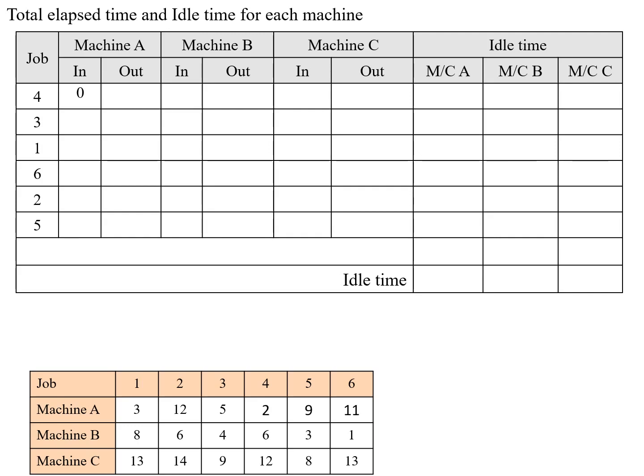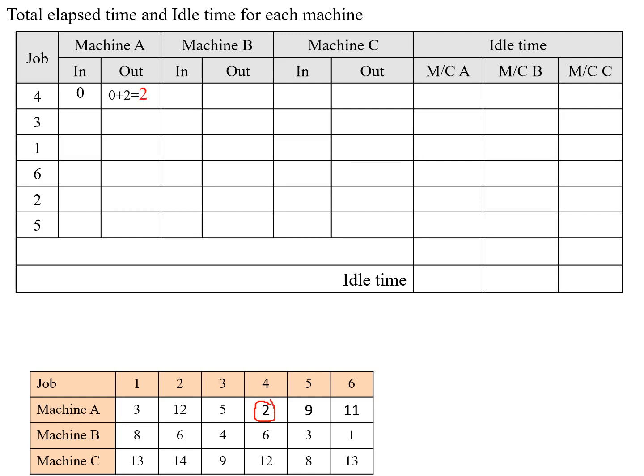Why? Because it is the first job, so there is no waiting time. Out time represents the in time plus the processing time for the respective job on the respective machine. So here 0 plus 2, that is 2.